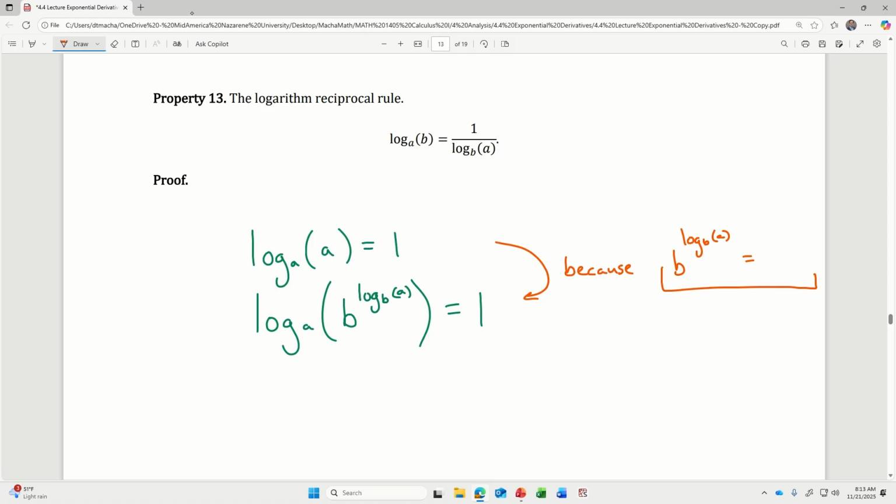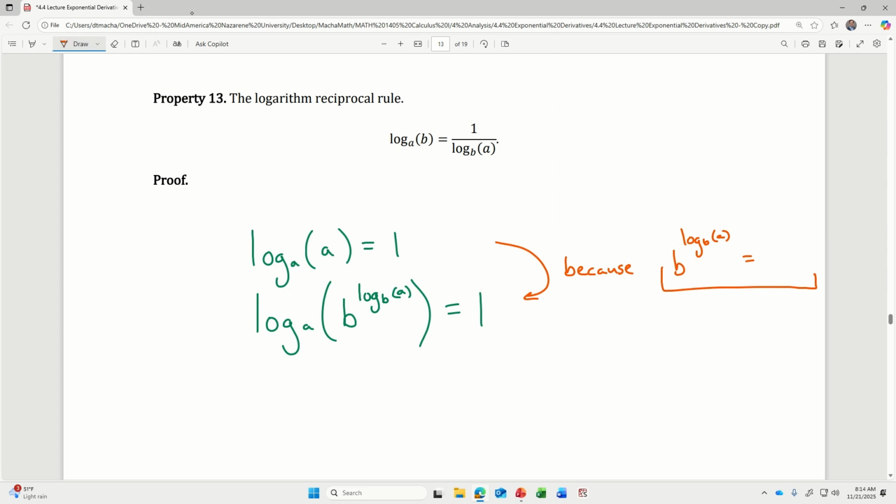What is b raised to the power log base b of a? Olivia, what is b raised to the power logarithm base b of a? It's not 1. Ian, what is b raised to the power logarithm base b of a? Hey, thank you.